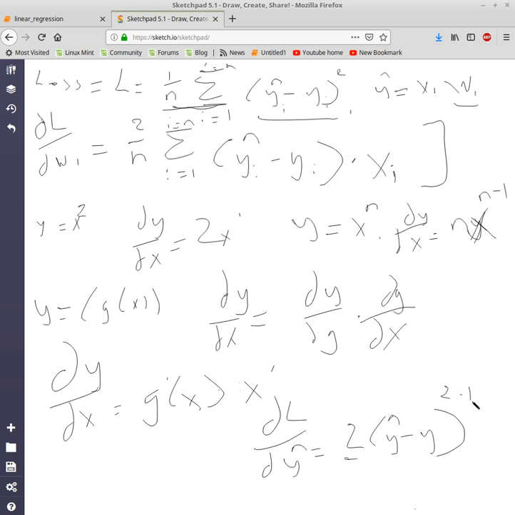And then using the chain rule, dy hat/dw1 is equal to x1, because the derivative of a constant times x is the constant.